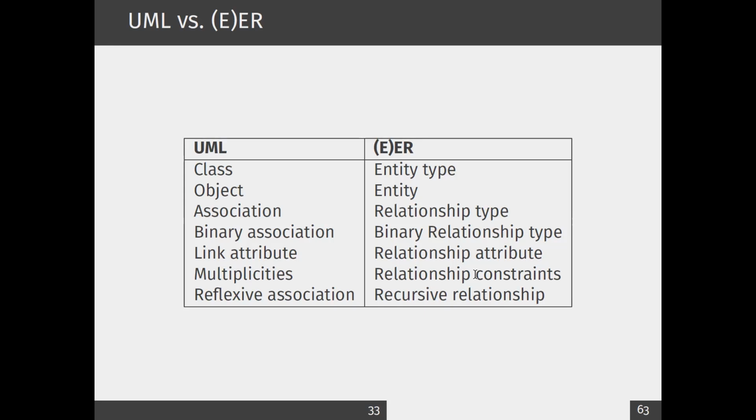In ER, we have relationship type. And then binary association type, link attribute, relationship attributes, multiplicities, relationship constraints, reflexive association, recursive relationship. So these are some terminology you should be familiar with.